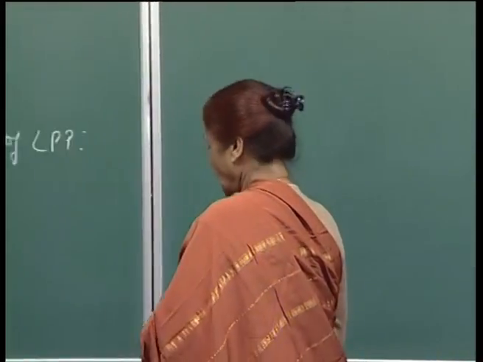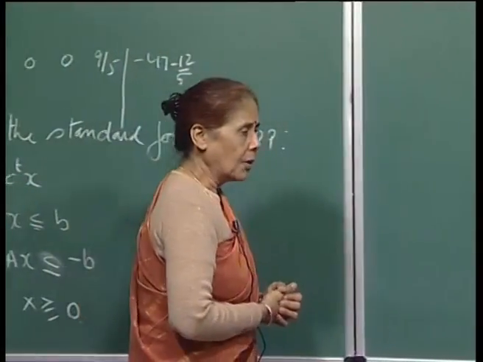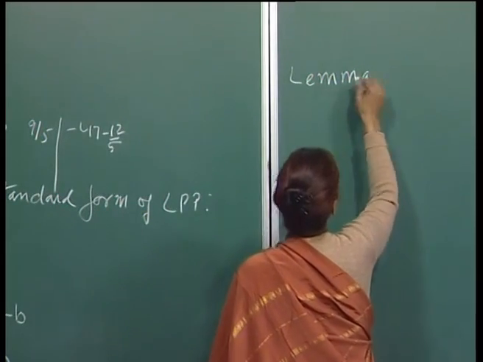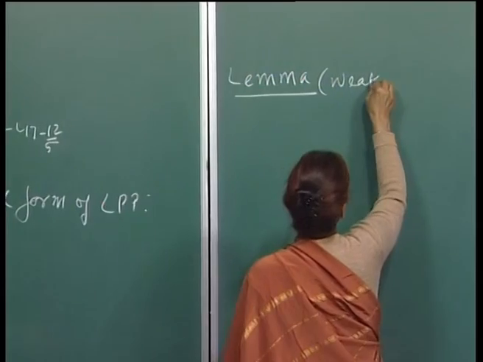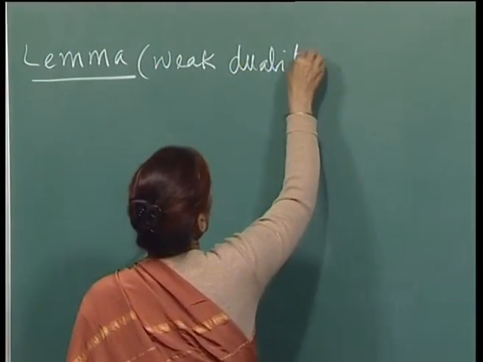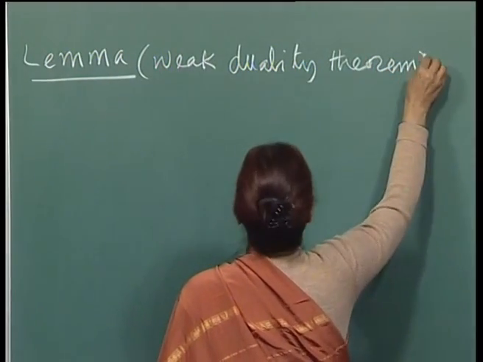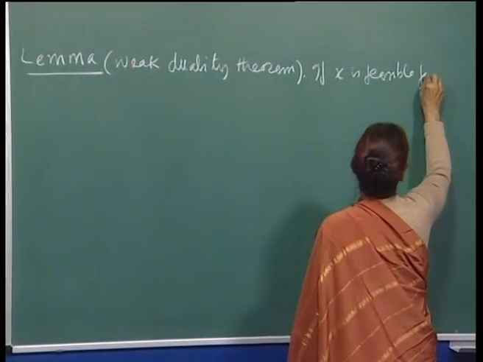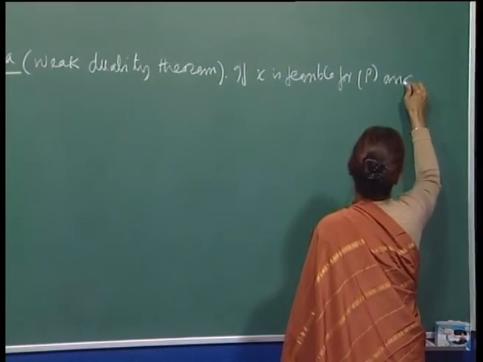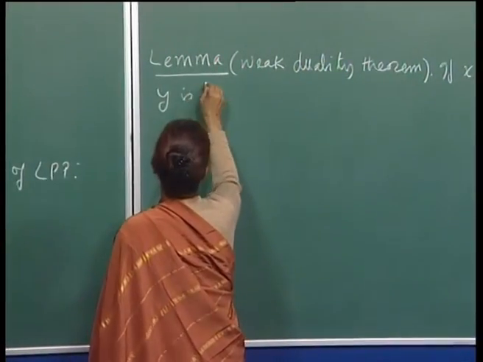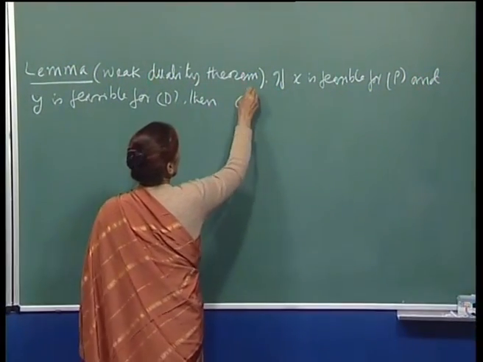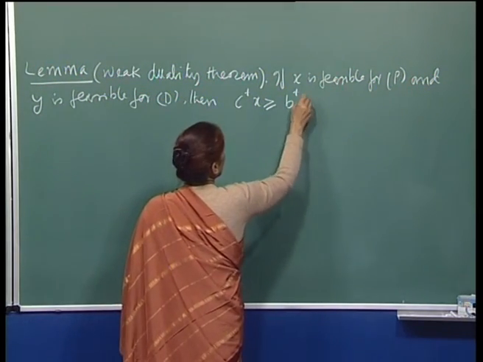Okay. Now remember, for the dual problem that I wrote down for the primal in the general form, not the very general form, but I had some inequality constraints and some equality constraints, I had this weak duality theorem, or the lemma, which is also known as the weak duality theorem, which said that if x is feasible for P, that means a primal problem, and y is feasible for the dual problem, then C transpose x is greater than or equal to B transpose y.